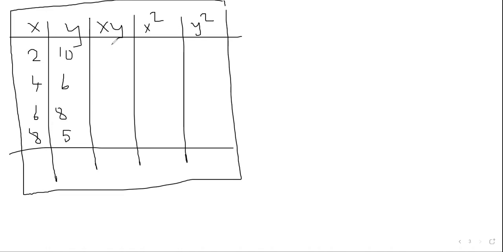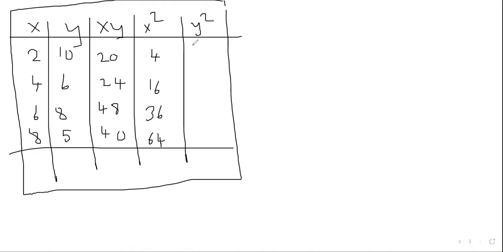So let's compute here the values of xy. 2 times 10, 20. 4 times 6, 24. 6 times 8, 48. And 5 times 8 is 40. Then let's square this. We're going to have 4, 16, 36, 64.